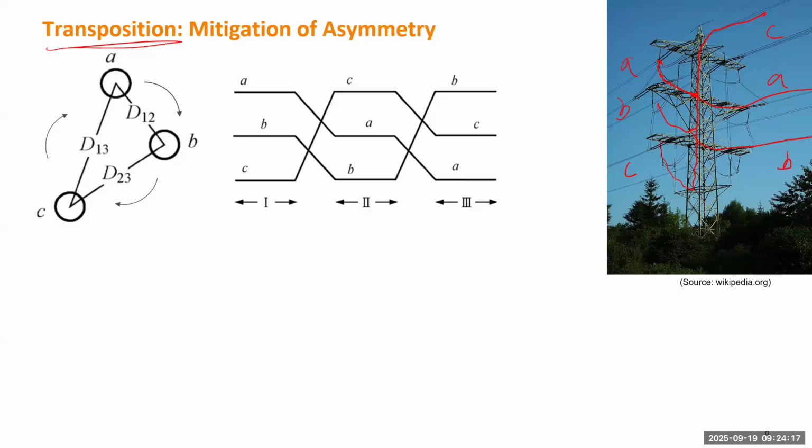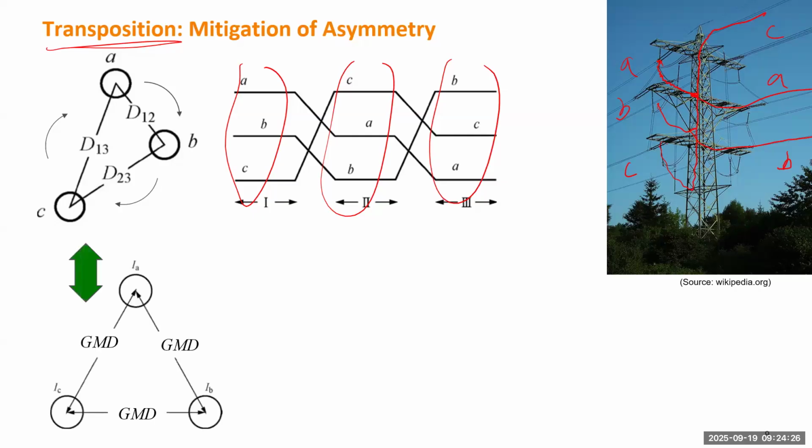Okay, after a certain distance, they will do such a thing, and they will change the sequence over a long enough distance. Eventually, we can roughly treat the distance between any 2 phases as the same. So that will be the GMD.